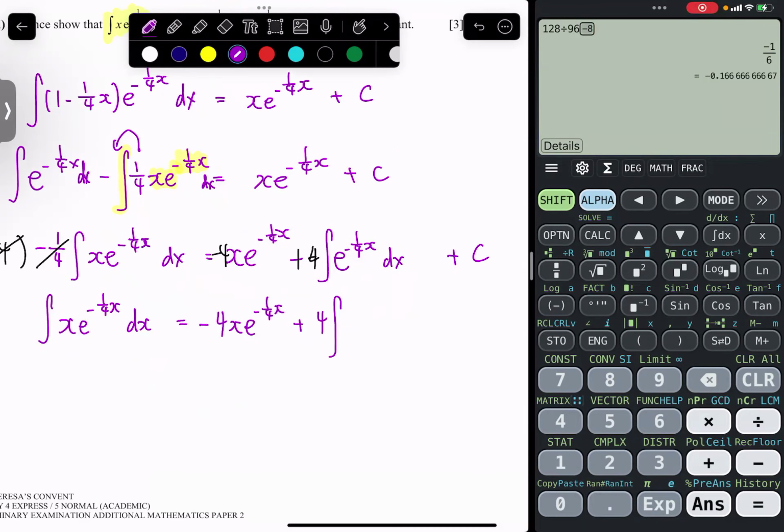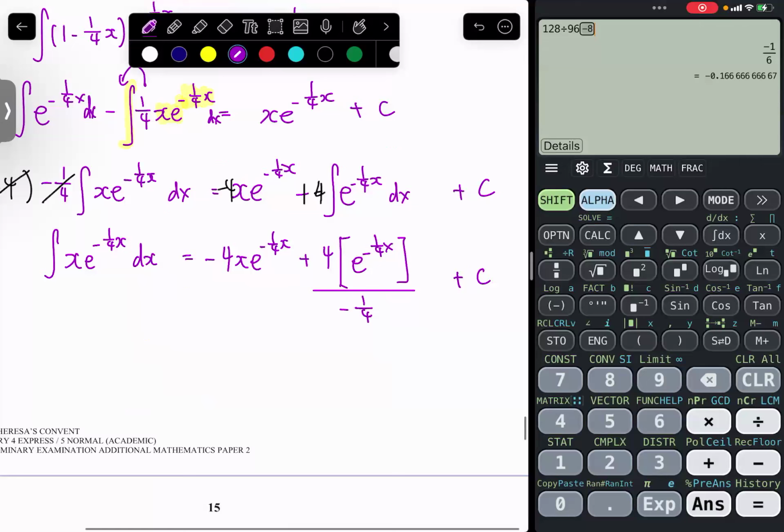I'm going to integrate e^(-1/4 x). When I integrate e^(-1/4 x), I just get back e^(-1/4 x), because e^x is stubborn, and then divide by the differential, which is negative 1/4 again, plus c.